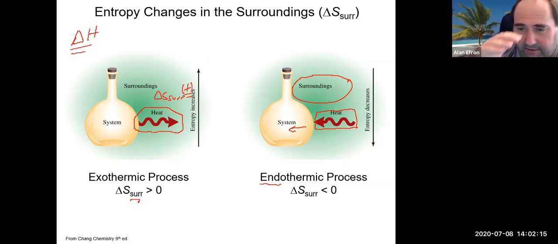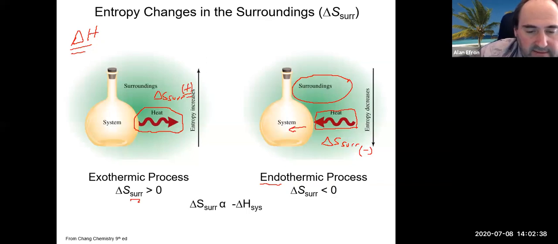Not moving around as crazy, right? So going to kind of slow down. A lot more order is going to happen in this case. And because the amount of order will increase, the surroundings entropy will decrease. And we would expect the delta S of the surroundings to be negative in this case.